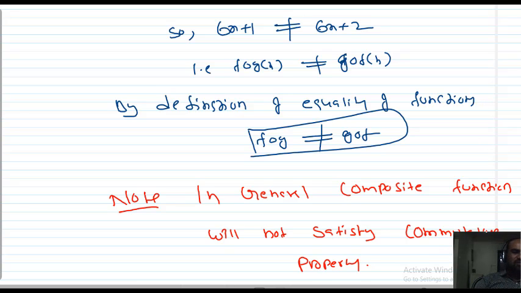So this is important. I am saying this property in general. In some examples it may be equal, but from that you can't conclude that it is a rule for all functions. In general, composite functions will not satisfy the commutative property.